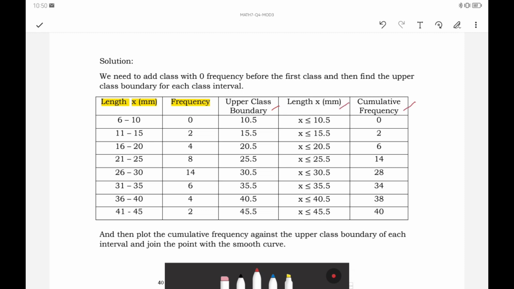Now, 6 to 10 is 0, 11 to 15 is 2, 16 to 20 is 4, 21 to 25 is 8, 26 to 30 is 14, 31 to 35 is 6, 36 to 40 is 4, 41 to 45 is 2. We just copied what is given in the table.